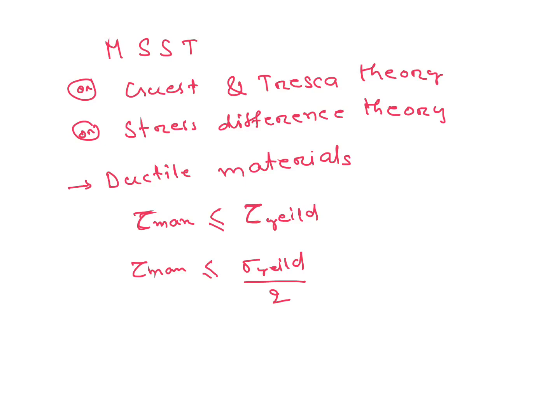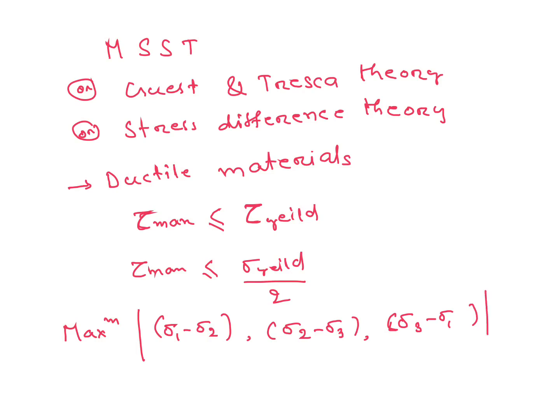So maximum of sigma 1 minus sigma 2, or sigma 2 minus sigma 3, or sigma 3 minus sigma 1 should be less than or equal to sigma y, because on both sides the 1 by 2 will cancel. So this is the expression.